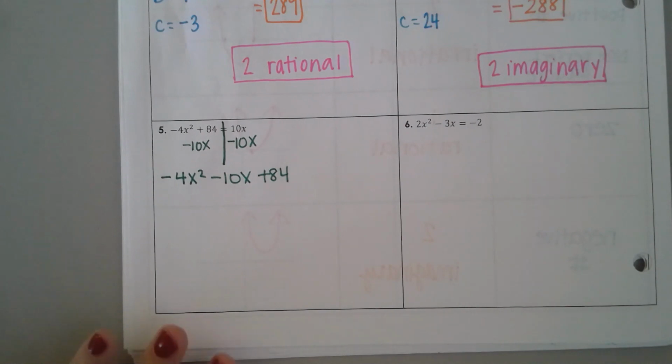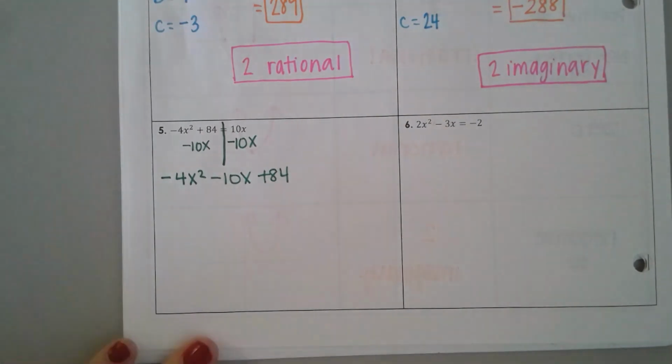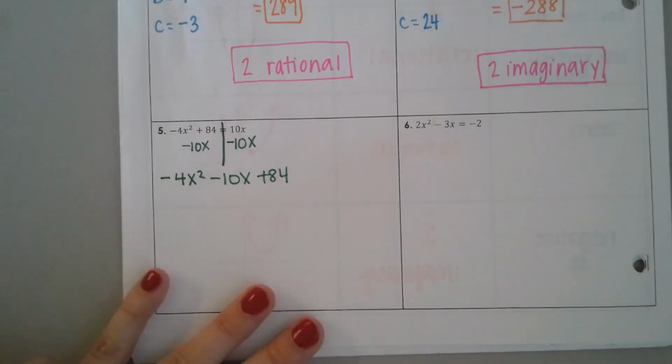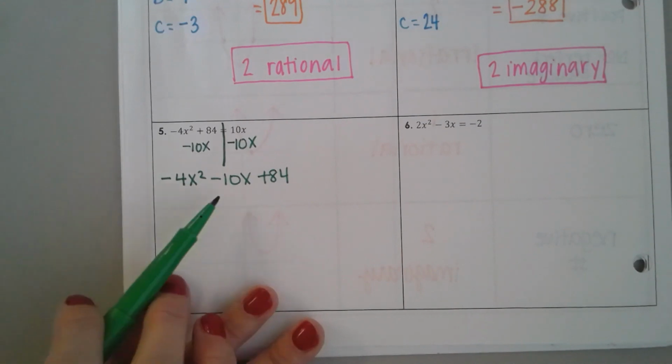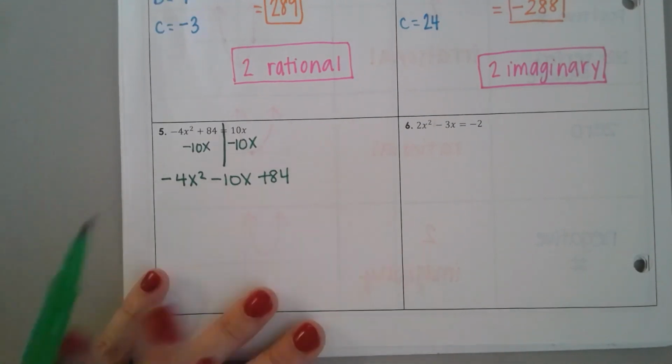I didn't subtract the 10 from the negative 4, and I didn't subtract the 10 from the 84, because those are not like terms. You just switch the side and put it on the other side. Which x goes first? The x squared is always first, and then the x, and then the plain number.